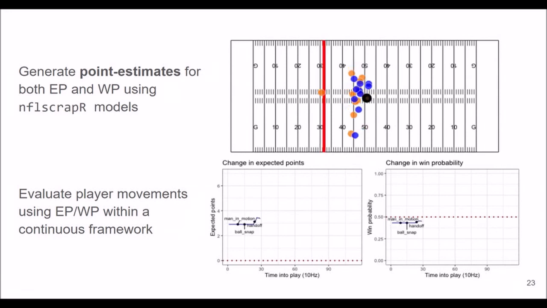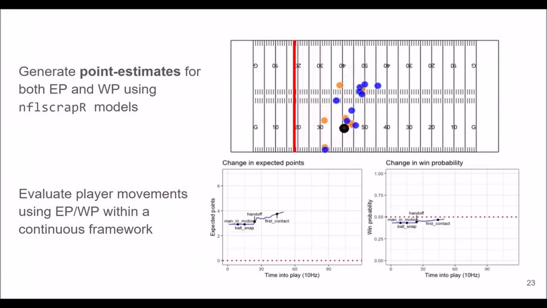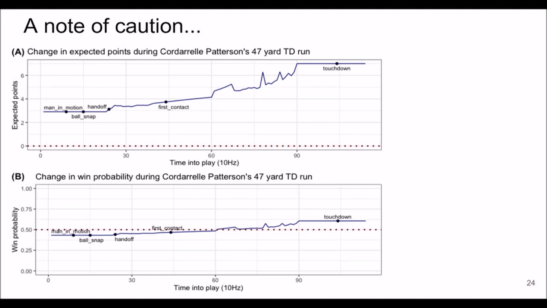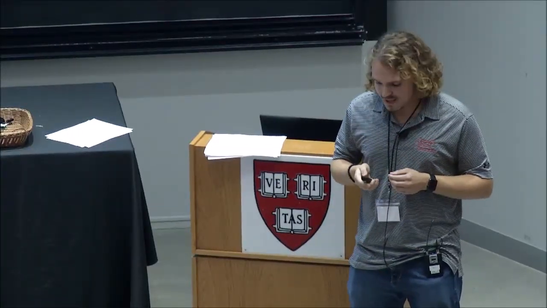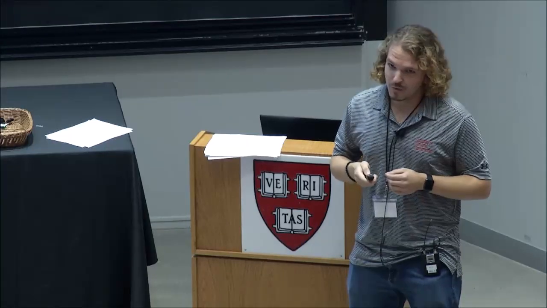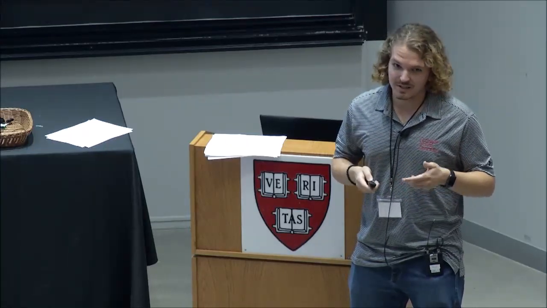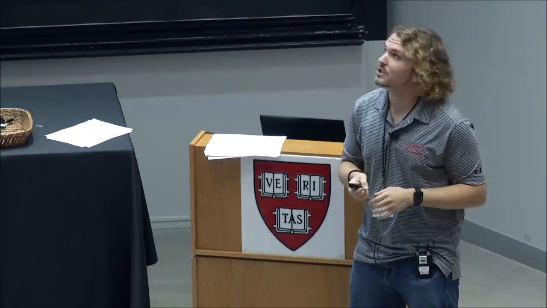Now, there's a problem here, so a word of caution about this. These are point estimates. These values I'm feeding in, I'm taking an expectation of the end of yard line and feeding it into these models. These expected points and win probability are really nonlinear, discontinuous, discrete. They're problematic utility functions.